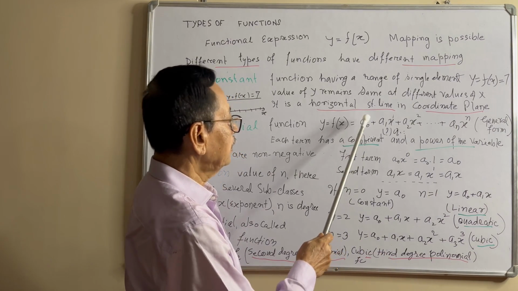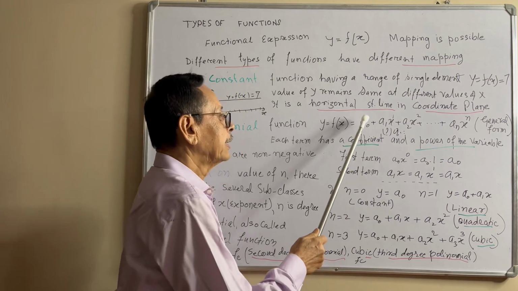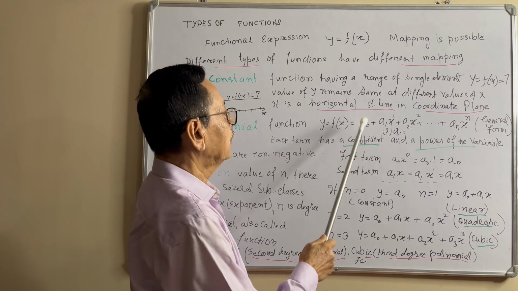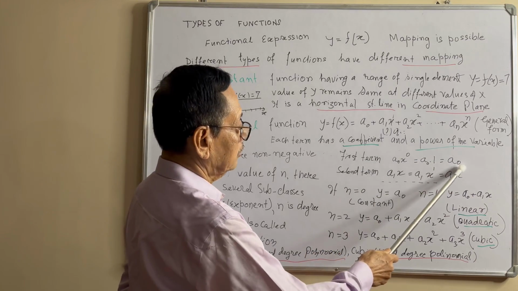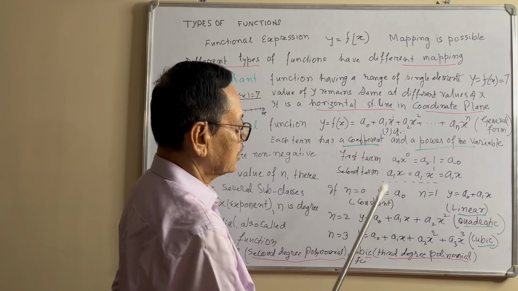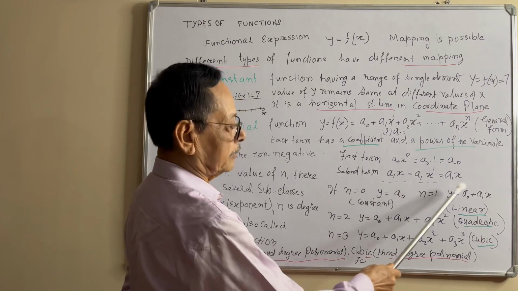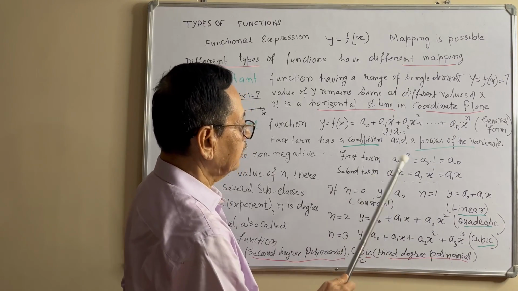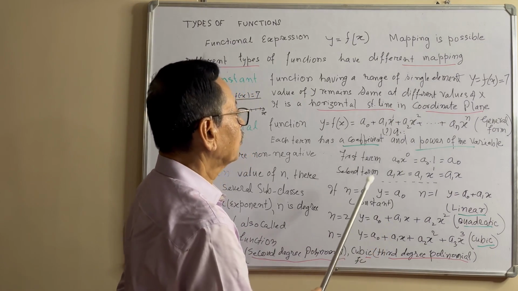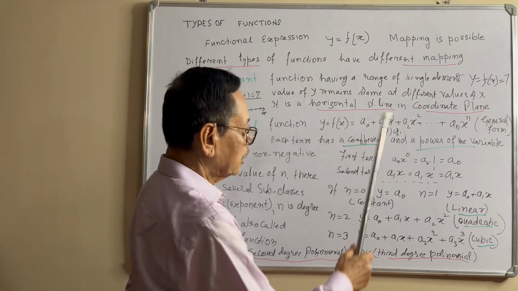We do not write x to the power 0, since x to the power 0 is 1, so a naught into 1 is equal to a naught. The second term is a1 x to the power 1, which means a1 x, and so on. The third term will be a2 x square, and the fourth term will be a3 x to the power 3, the x cube, and so on.